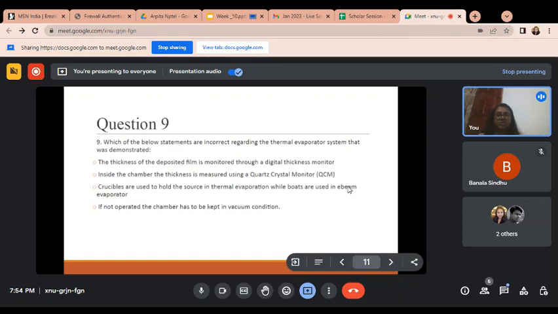The third option is crucibles are used to hold the source in thermal evaporation while boats are used in e-beam evaporator, and the fourth option is if not operated, the chamber has to be kept in a vacuum condition. So go through the question carefully and then try to give the answer.